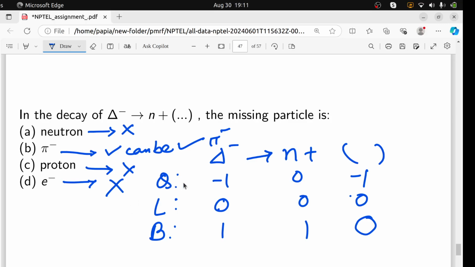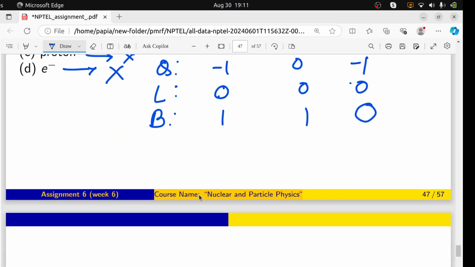I am explaining these things in a very simplified manner as well as very slowly so that you can understand clearly. So to know the missing particle, we need to check Q, L, B at the very first, and whichever one matches these three conditions will be the correct option. Okay, so from this, pi minus is the correct one.